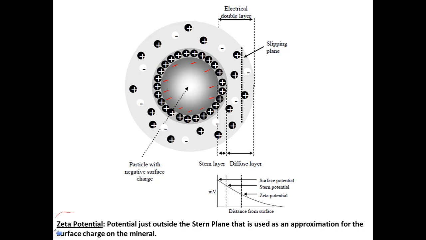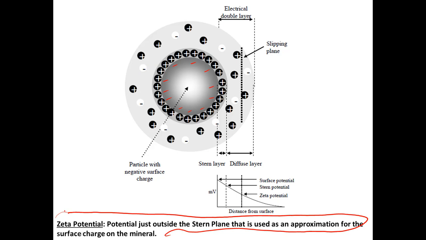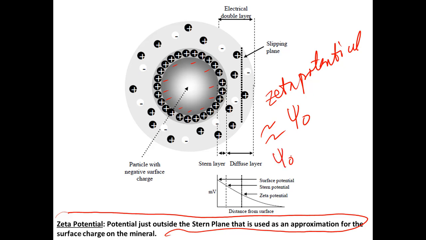So here's our definition of the zeta potential. It is just outside of that Stern plane, or sometimes at the Stern plane, and it can approximate the surface charge, and that's an important point. The zeta potential approximates the surface charge because psi naught is difficult to measure directly.